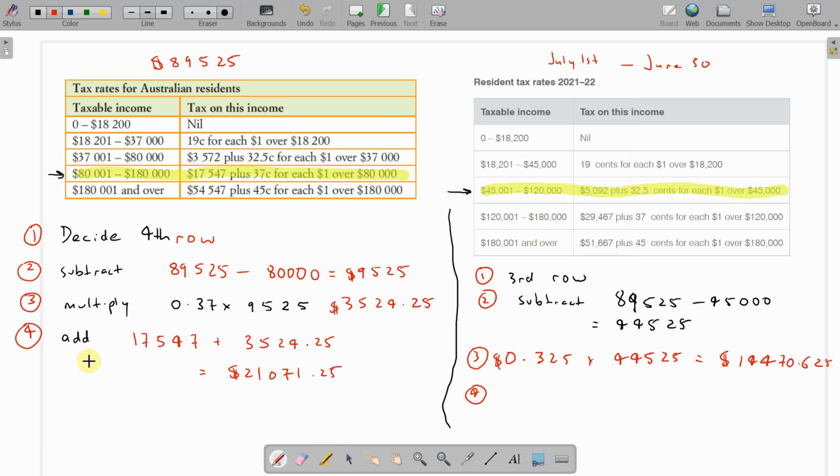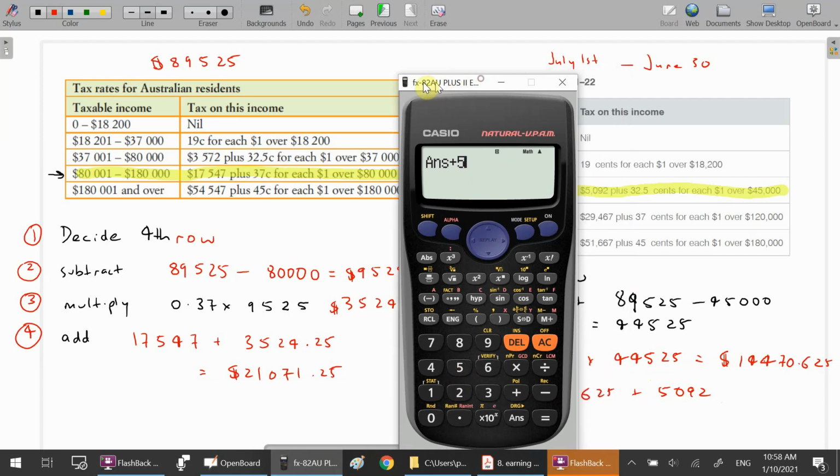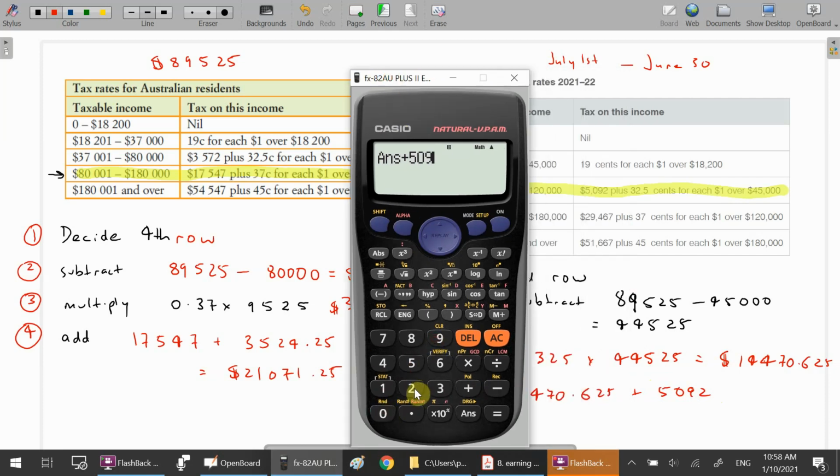Now we're going to add this amount, $4,470.625, plus 5,092, which gives 19,562.